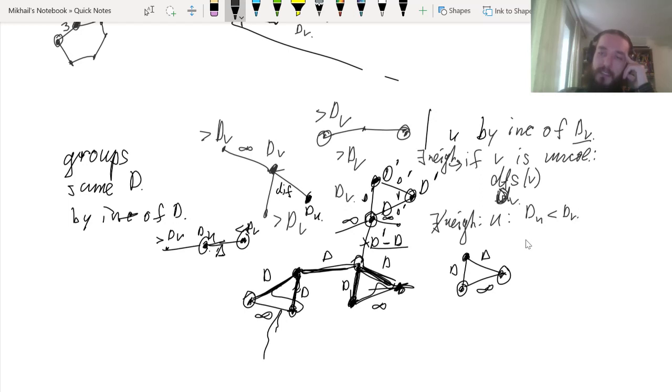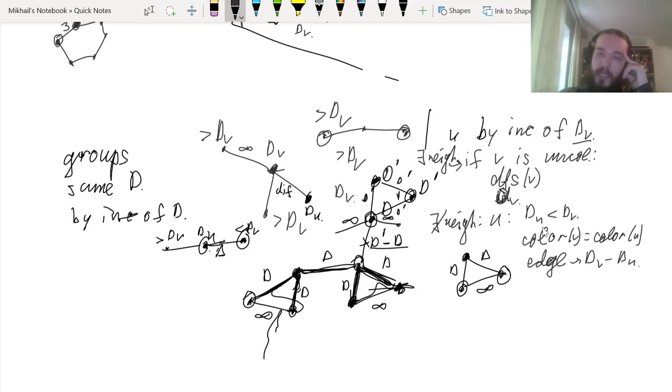In which case, we copy the color, and the length of the edge between V and U is put to be dv minus du.